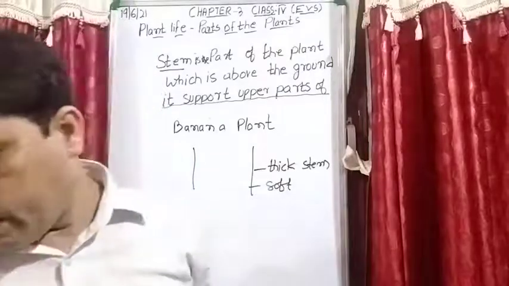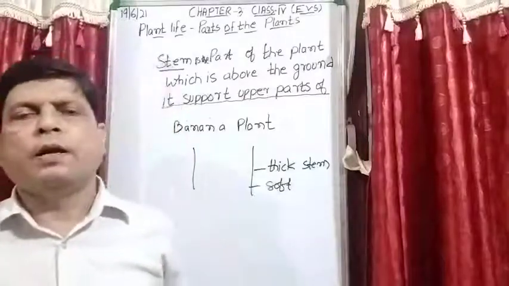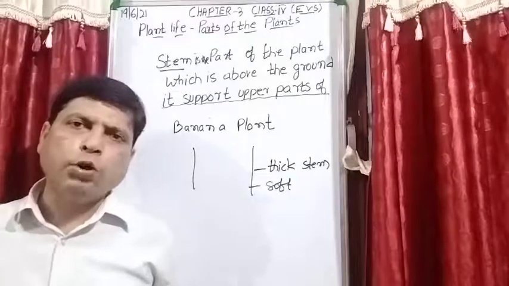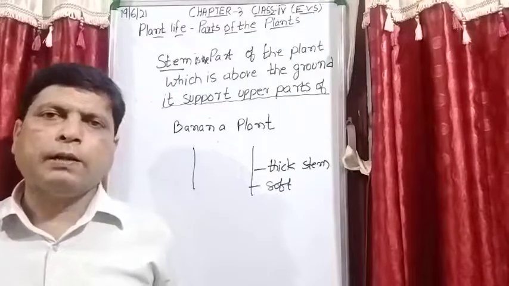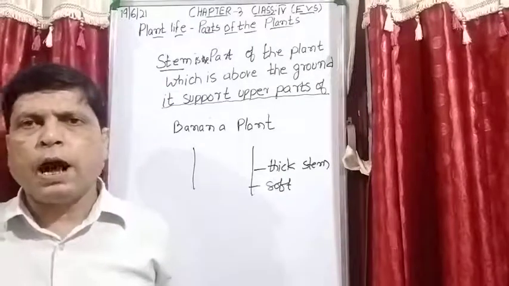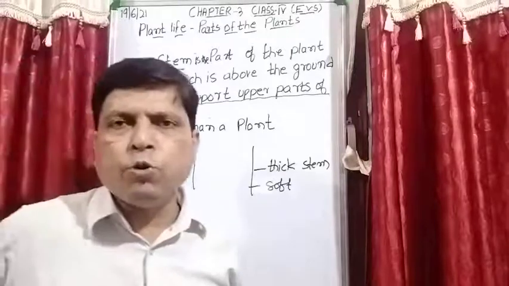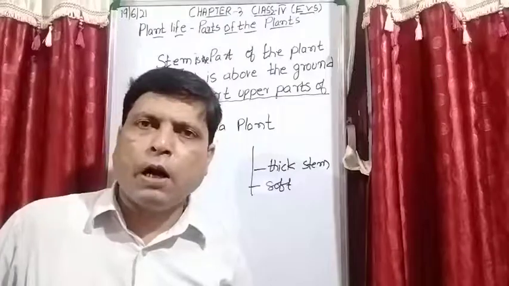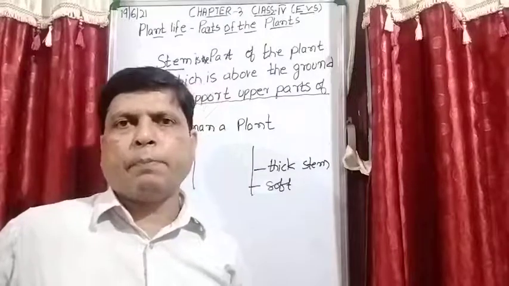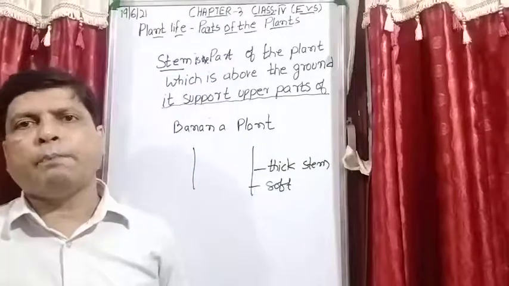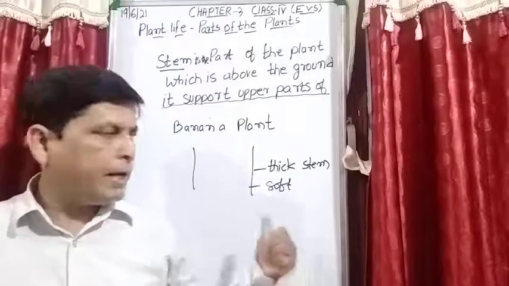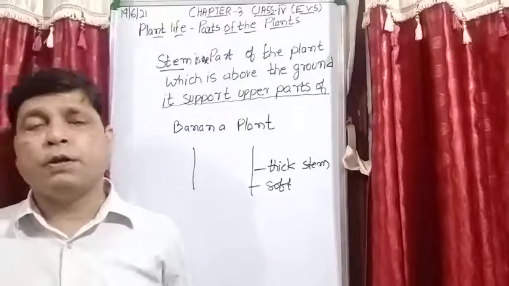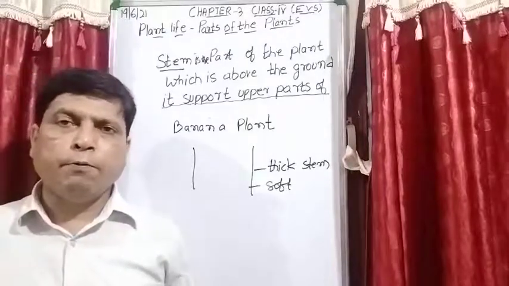So students, today I explained to you the different functions of a root. After that I started explaining what the stem is, the part of the plant which is above the ground and supports the upper part. The upper parts are branches, leaves, flower, bud, fruits.